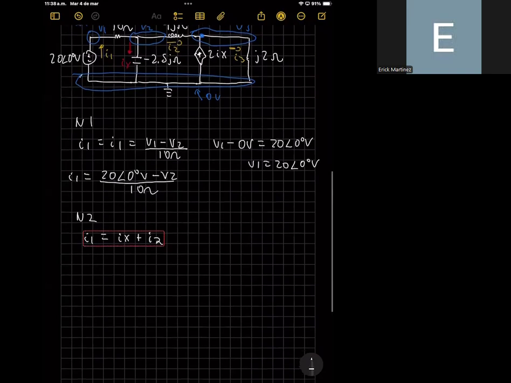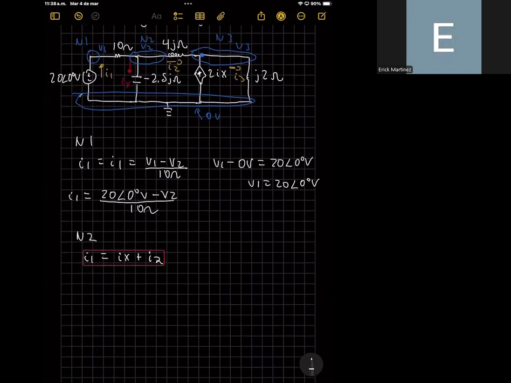Based on this, we can also compute the current Ix, because Ix should be equal to the voltage in the capacitor divided by the resistance, or in this case, the impedance. Remember that the impedance is essentially a resistance that depends on the frequency of the circuit.